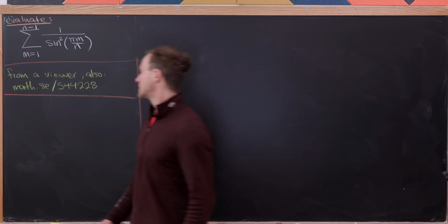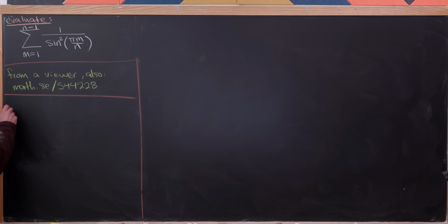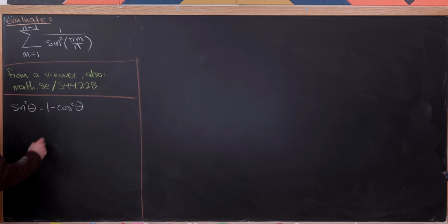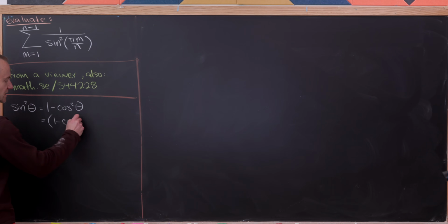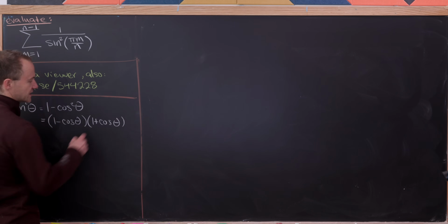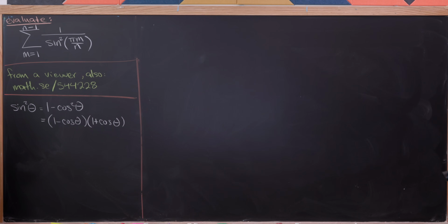Okay, so let's start by recalling the Pythagorean trig identity, which says that sine squared is equal to 1 minus cosine squared. Of course, we can factor 1 minus cosine squared as 1 minus cosine theta times 1 plus cosine theta. Note that we've got objects of the form 1 over sine squared theta.